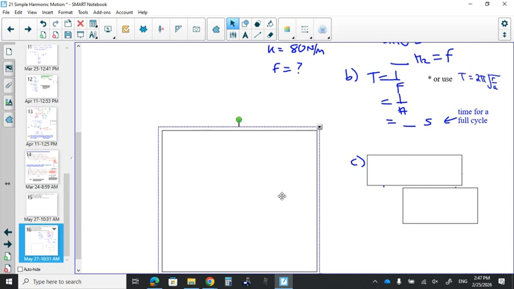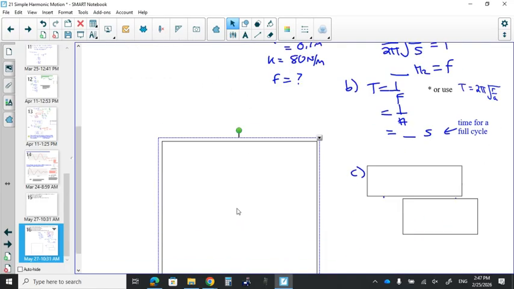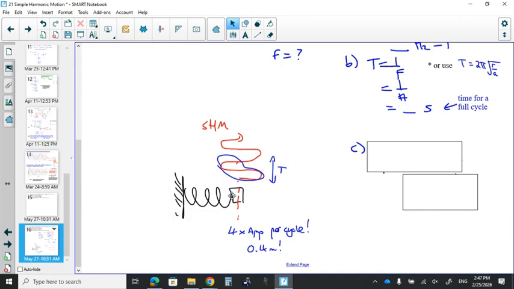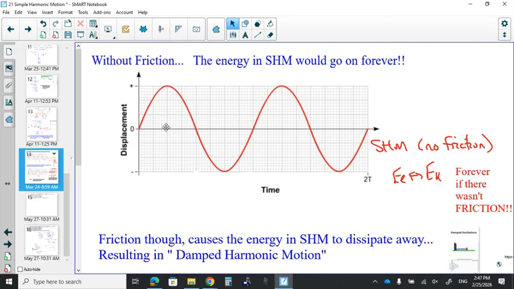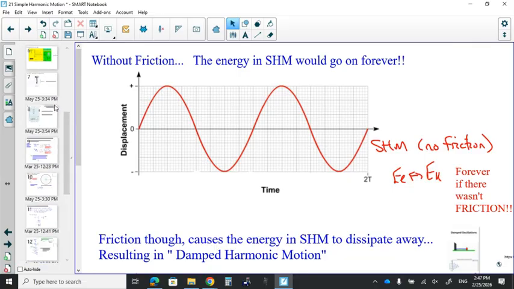And then the distance it travels in 8 seconds. This mass is going to go over and then back to the middle in one full cycle, right? So what you're looking at there would be the amplitude. The amplitude is the maximum distance. That's what we were graphing earlier, right?